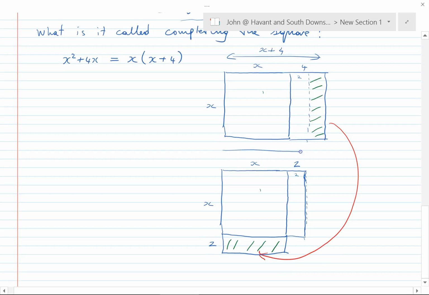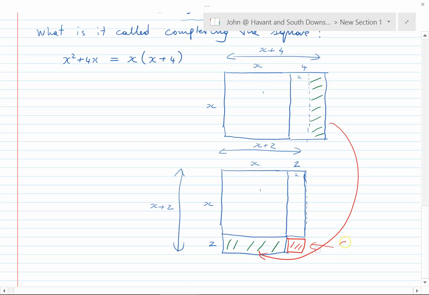So I basically almost have an x plus 2 square, but an incomplete x plus 2 there. So what I'm missing is that we have a square of x plus 2. So the missing bit is this, hence the word completing the square.